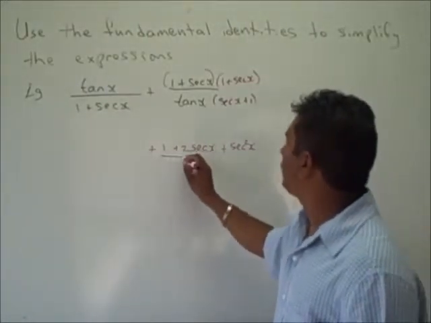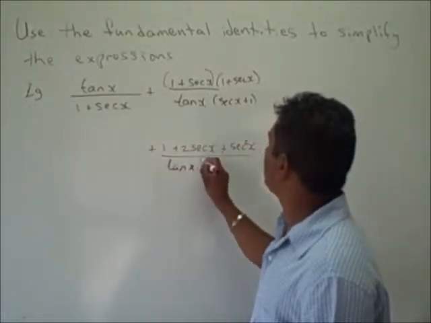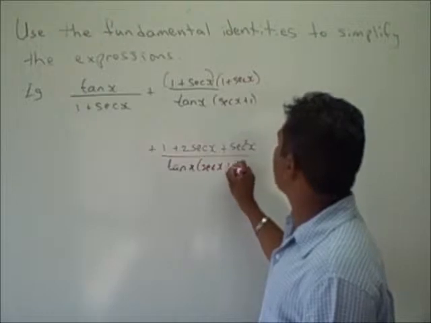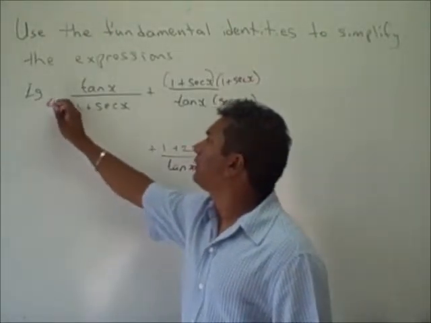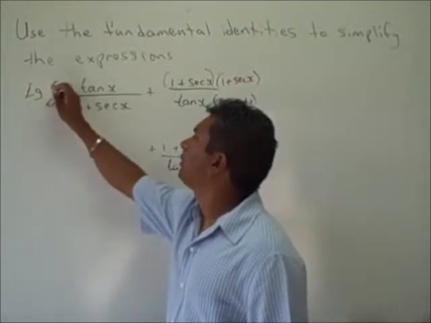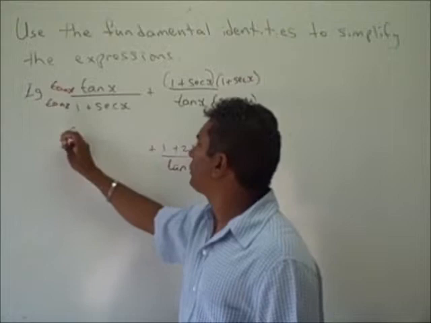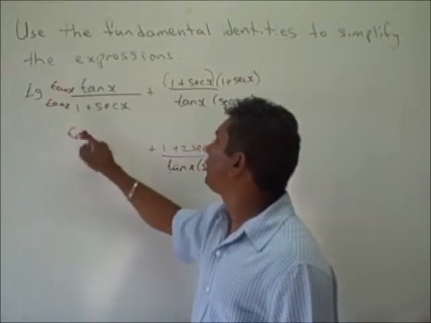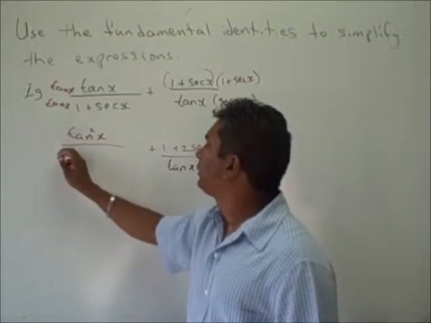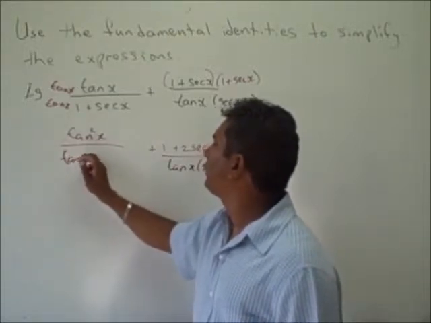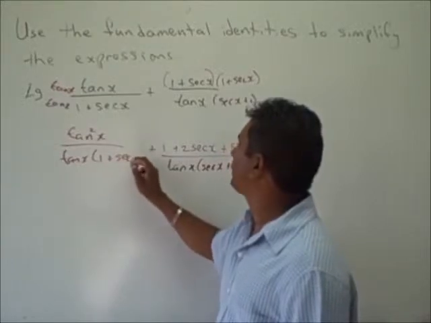And this is all over tan x times secant x plus 1. On this side, we can multiply both the top and the bottom by tan x. So this side becomes tan squared x over tan x times 1 plus secant x.